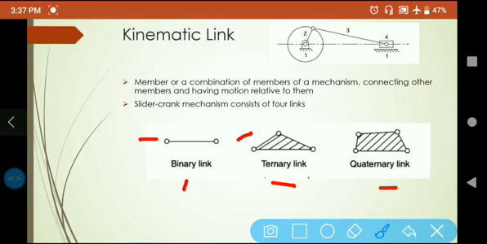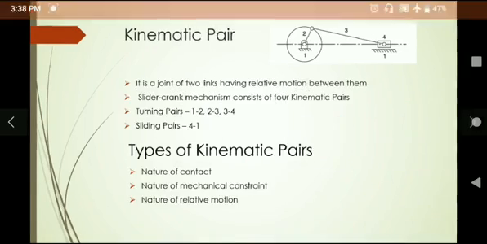A ternary link can be connected to 3 links, and a quaternary link can be connected to 4 links. So these are the points where the other links are connected to this particular link.